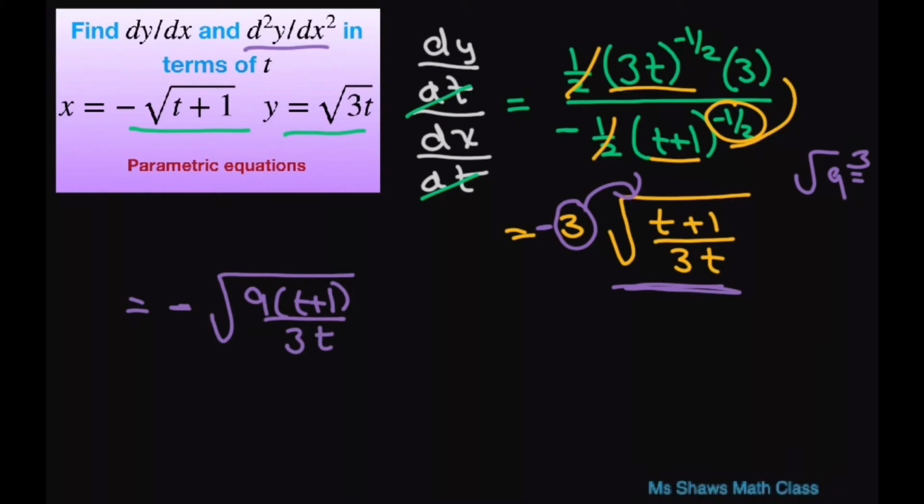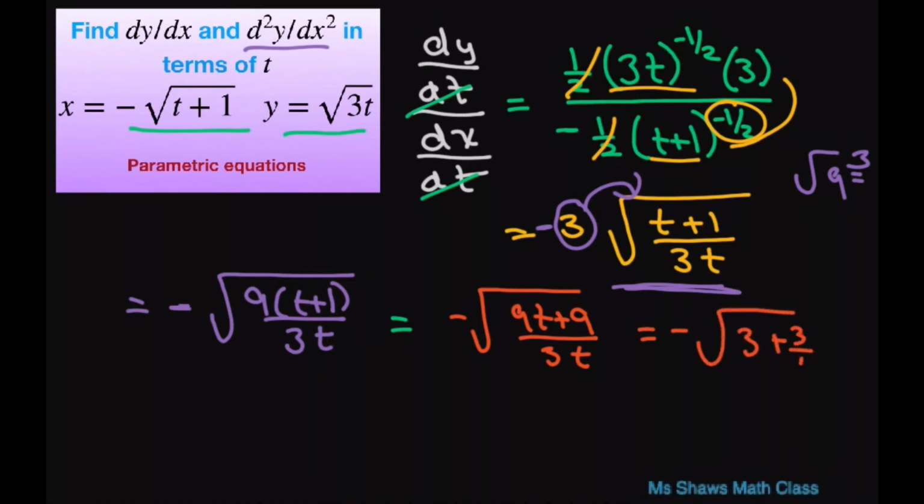All right, and simplifying further gives us negative square root of 9t plus 9 divided by 3t. Therefore, we can simplify this even further as negative square root of 3 plus 3 divided by t. That's going to help us differentiate our second derivative. So there we have that part.